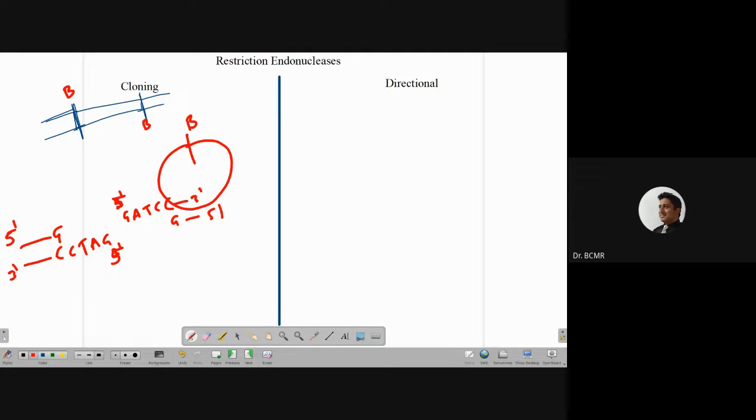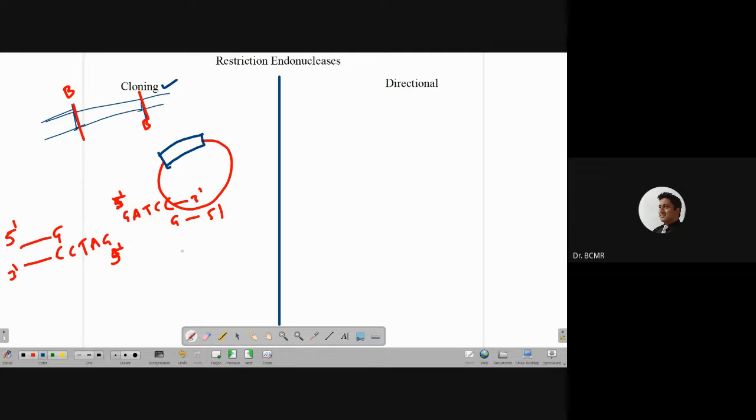Okay, so we cut the gene of interest on either side. We also cut the vector like this, and then we add DNA ligase. It's typically T4 DNA ligase, and then the gene of interest will be cloned here. So here the purpose is cloning.